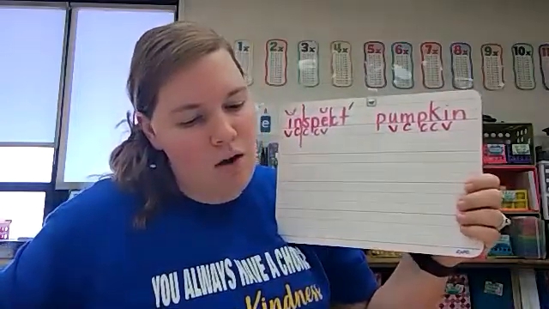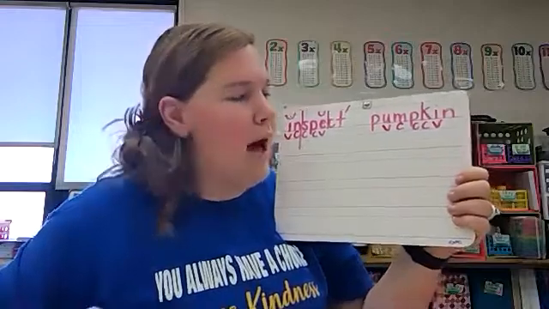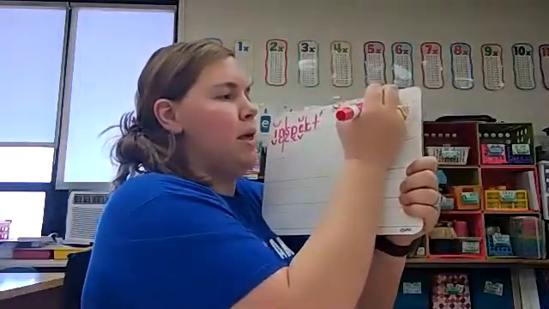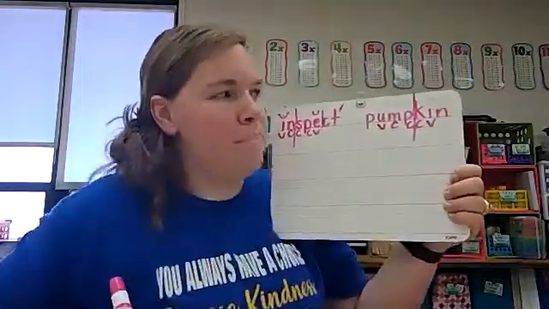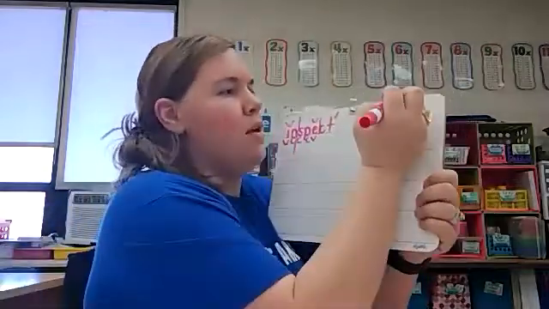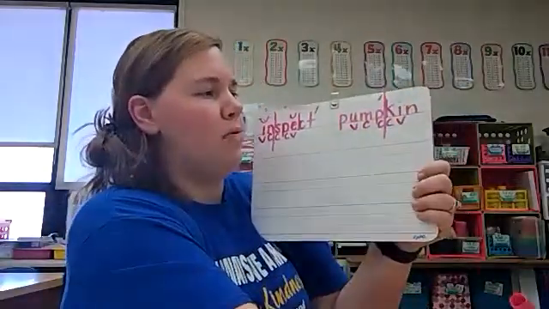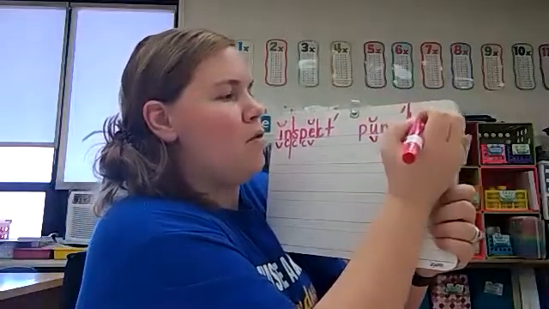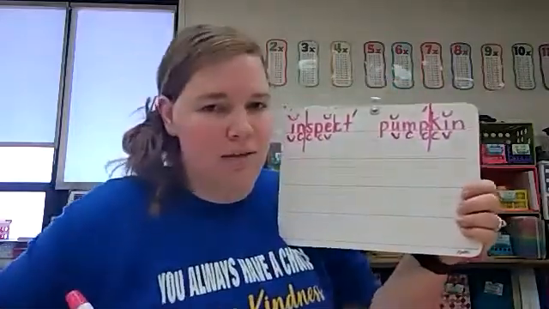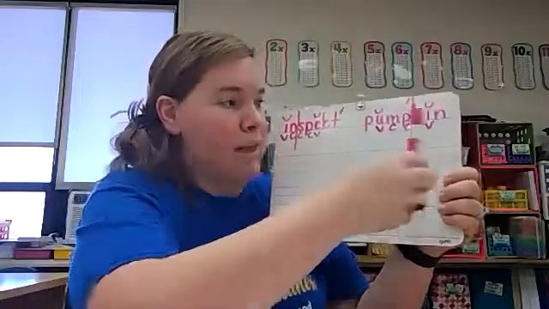And we are going to divide between the P and K. Okay. Let's accent the first syllable first. Both of these vowels are closed, so they will get breves. Pumpkin.